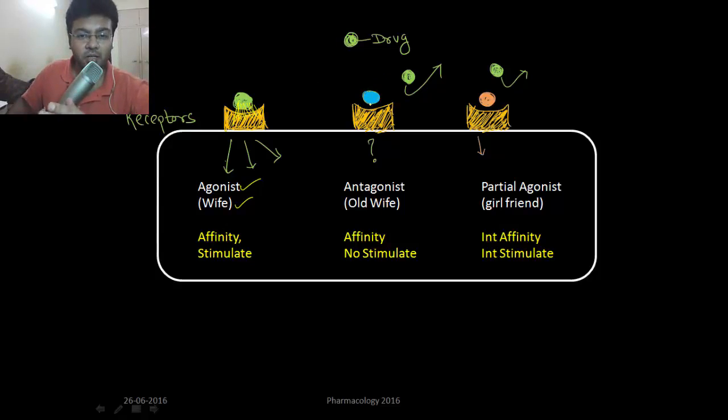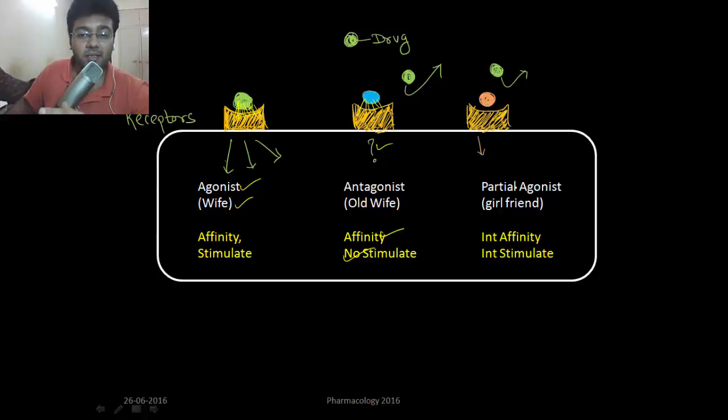Now what about a drug which binds to the cell very strongly but doesn't stimulate the cell, and on top of that doesn't allow the agonist to bind to the cell? So these are antagonists. They bind to the cells very strongly, have affinity but do not stimulate the cell, and on top of that they keep the agonist away. These are called antagonist drugs.